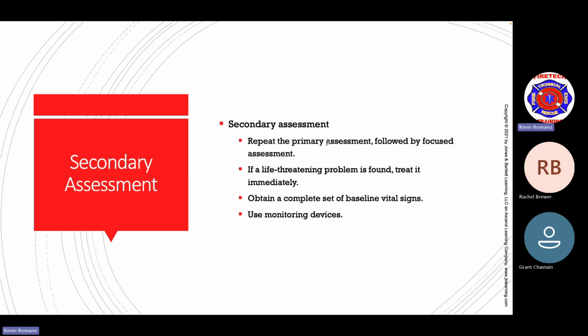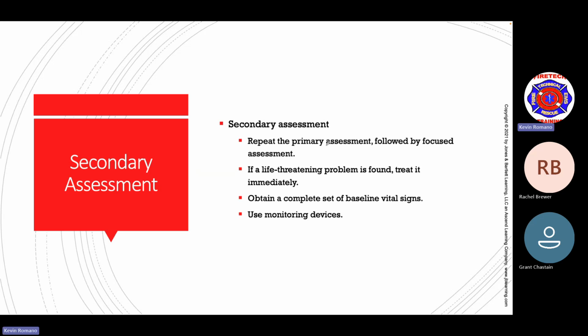Your patient has a medical problem, but is not responsive, right? Your patient has problems that were not noted in the primary assessment. If the patient goes unresponsive, check glucose. That could be what caused the injury or the accident to begin with. Check your sugars.